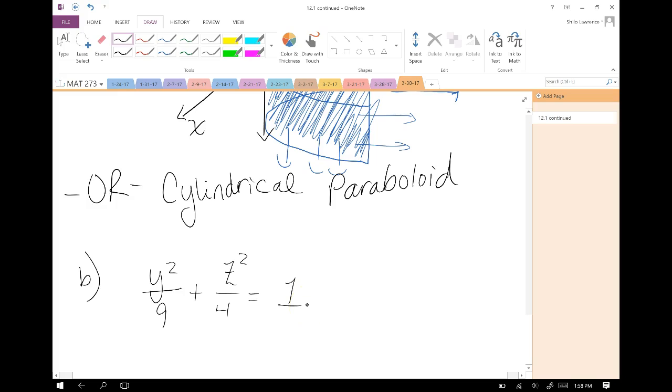Y squared over 9 plus z squared over 4 equals 1. What do we know about this thing? Anything whatsoever?